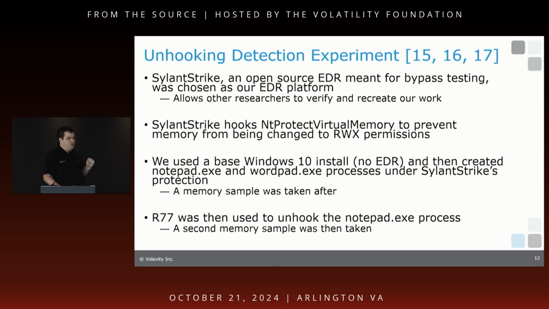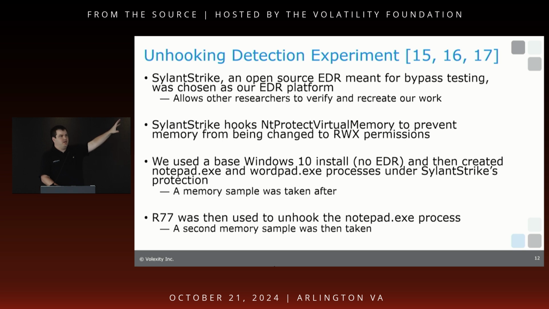How Silent Strike works is it hooks NtProtectVirtualMemory, the same function that we saw before on the slide with the disassembly. Silent Strike is not meant to hook all the processes. Remember, this is not an enterprise EDR, it's meant for security testing. So you start specific processes under Silent Strike, and then it will hook NtProtectVirtualMemory as any commercial EDR would. We took a base Windows 10 install with no EDR. We then spawned a Notepad process and a WordPad process under Silent Strike.